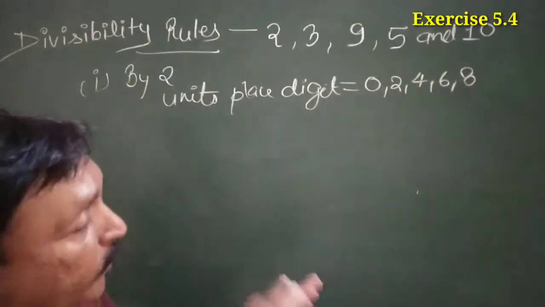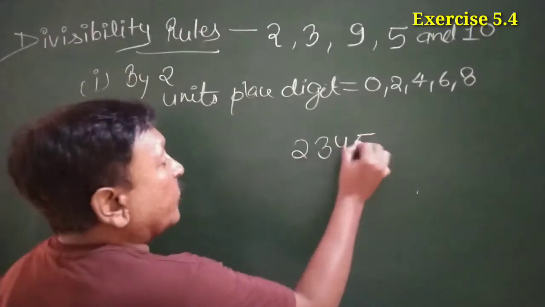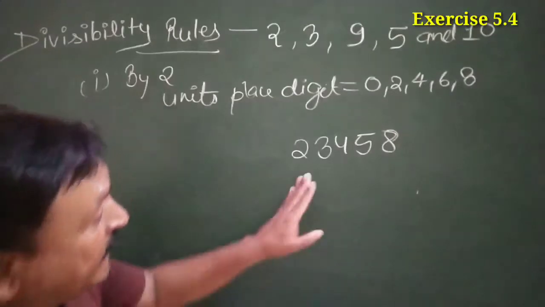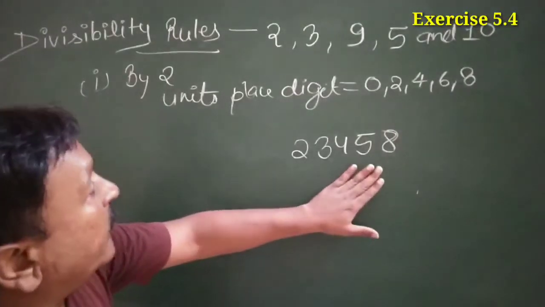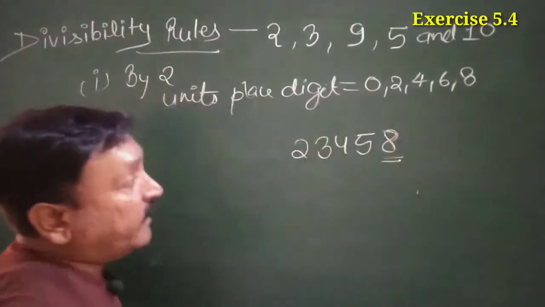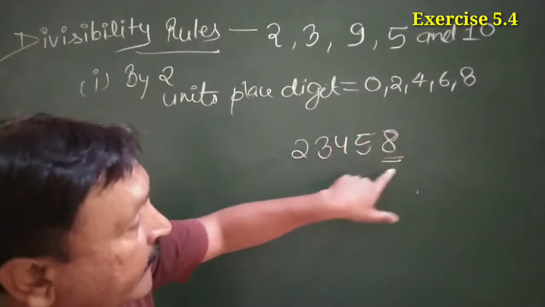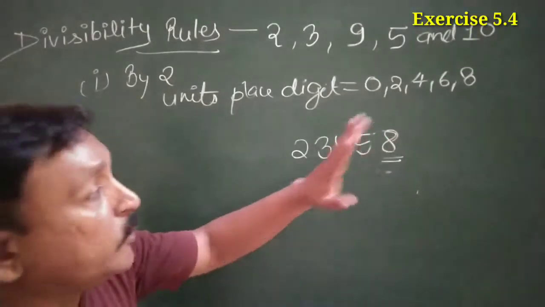Suppose we are given the number 23458. If anyone asks whether this number is divisible by 2, just check the unit place digit. At the unit place 8 is coming, which means this number is divisible by 2.